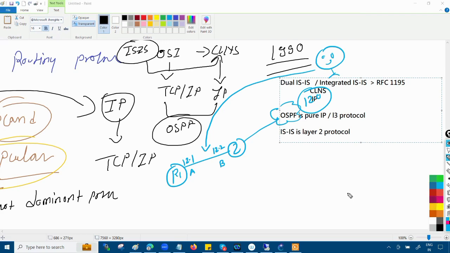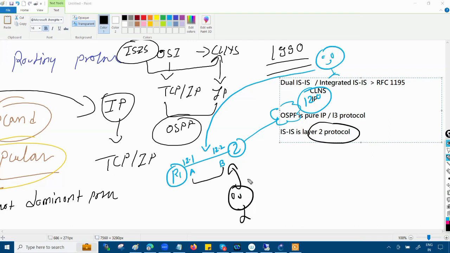But what about IS-IS? IS-IS is a layer 2 protocol. Are you sharing this MAC address with the ISPs? No, you are not. So if an attacker wants to perform an attack in the IS-IS network, he has to be physically connected in your network. Then he can do the attack; otherwise he cannot.